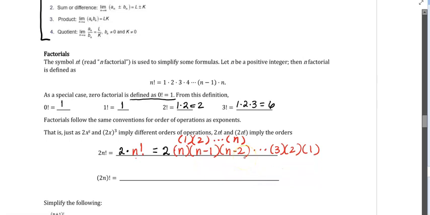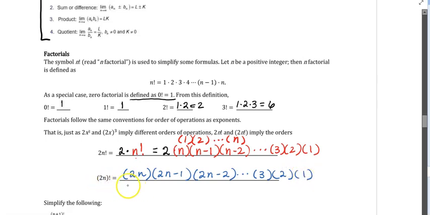But I do want to point out the distinction with 2n factorial. 2n factorial would mean start with 2n and then subtract 1 from 2n and continue in that pattern until you get down to 3, 2, 1.